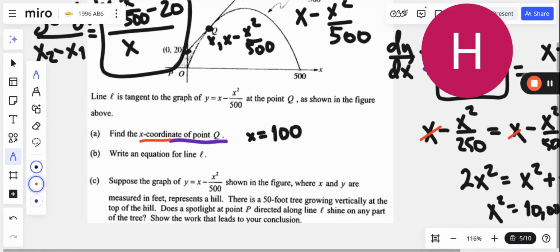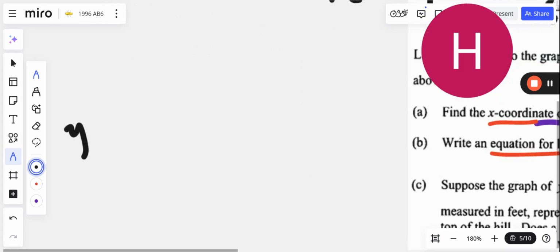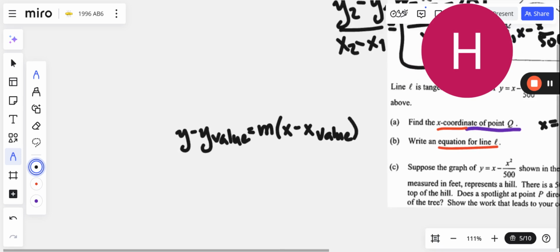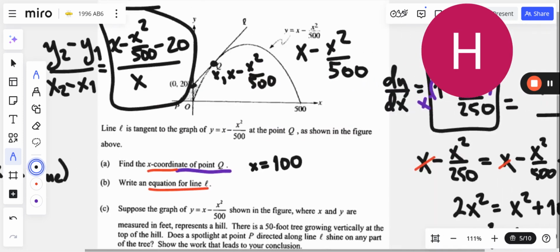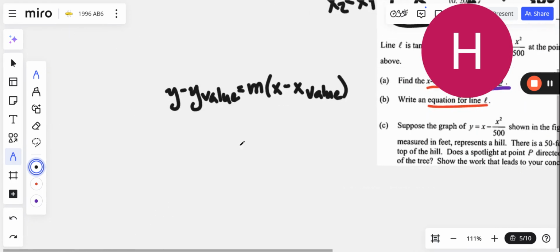Now, what's the equation for the tangent line? Ooh, how do we write that? That's going to be y minus y value, which we don't have yet, equals m, that's the slope, times x minus x value. Now we didn't find what the slope was. We just set the two expressions for the slope equal to each other. But we can use this simple definition in order to find the slope.